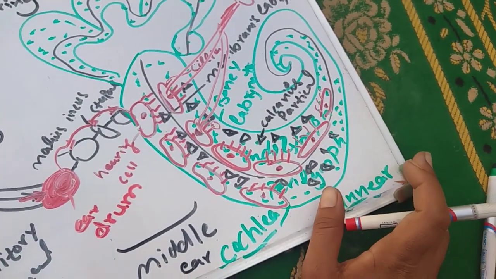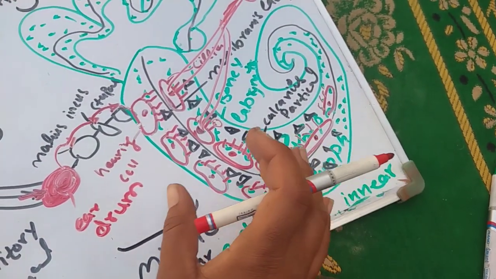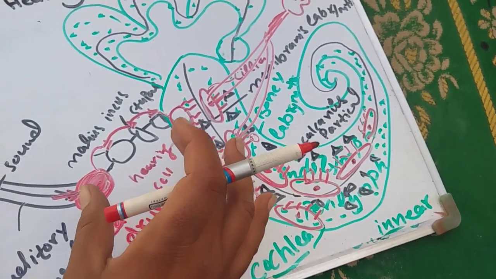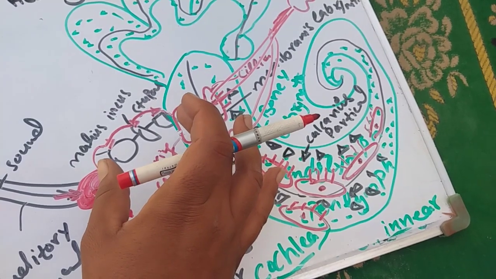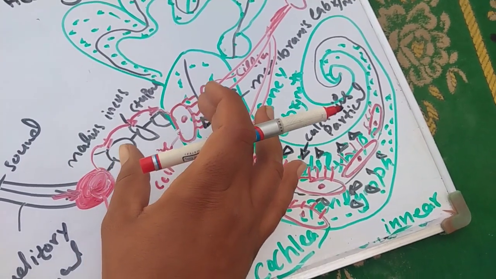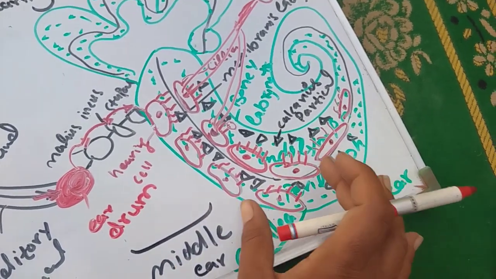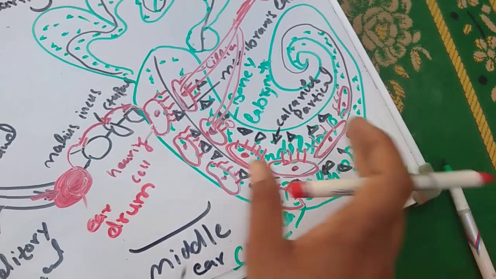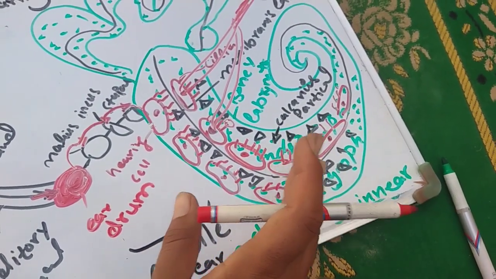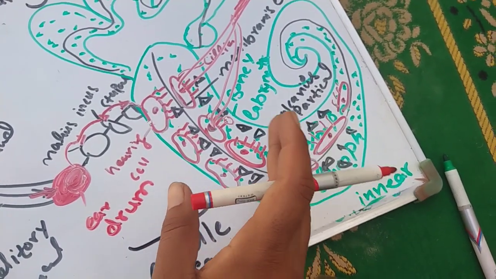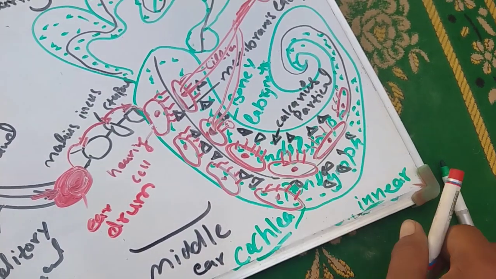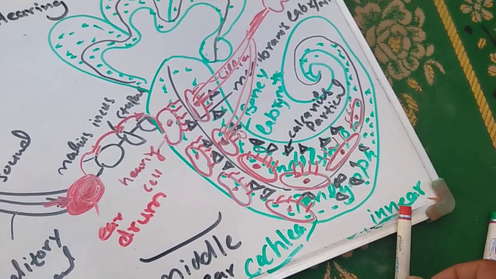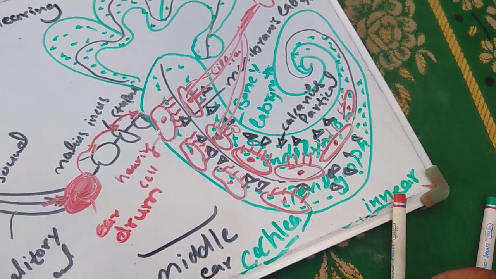So how is sound produced? Due to the vibrations of the eardrum, and the three ossicles, and the cochlea with the fluid, and in the fluid are calcareous particles, and the calcareous particles attach on the surface of the hearing cells' cilia.